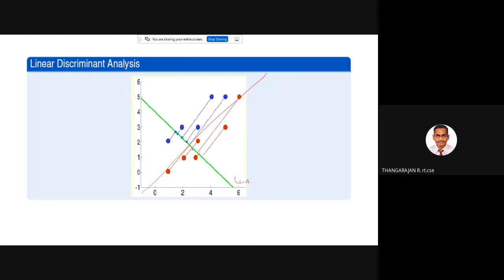Sorry, this is blue. Now you see there is separability between this set of points and that set of points. So this is how LDA differs from principal component analysis.